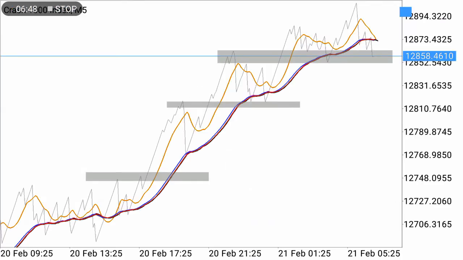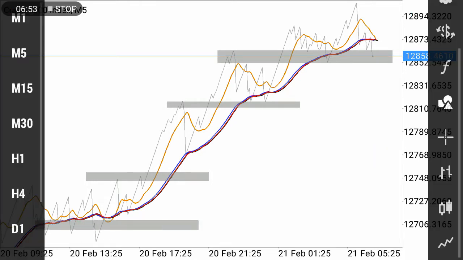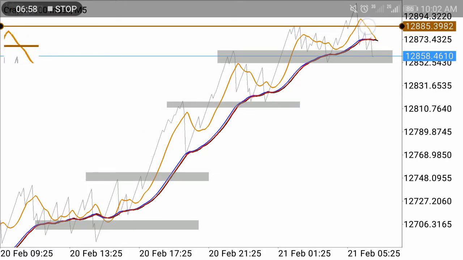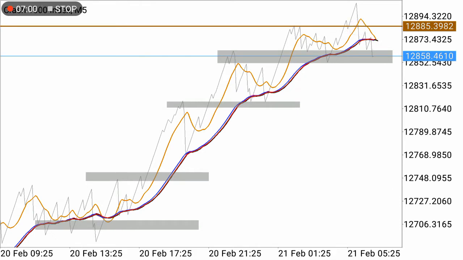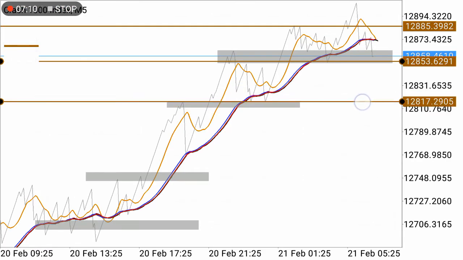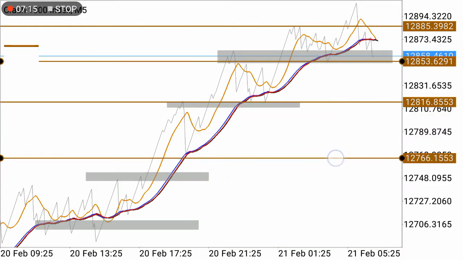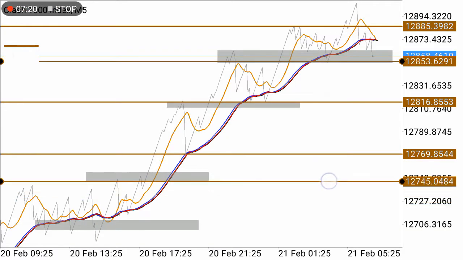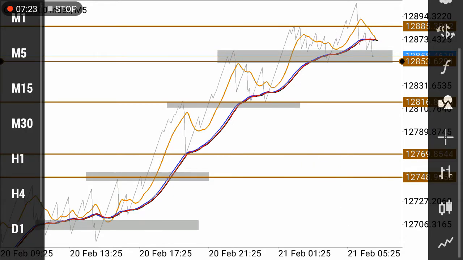Look this one, simply the high and low points, and pick your horizontal lines. Pick here the first one, the second one, the third one, the fourth. Catch all those support or resistance areas.